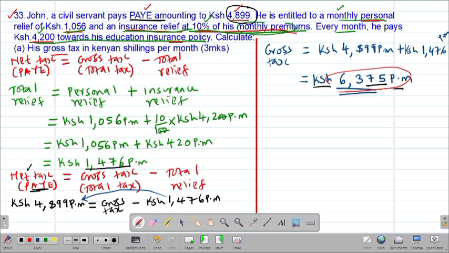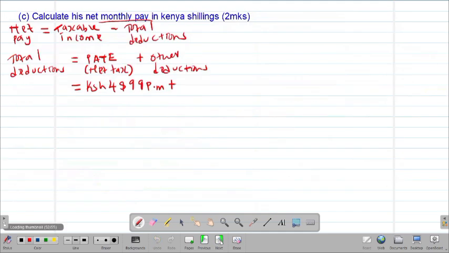Always remember that a premium is a deduction because he's paying this amount of money from his pocket or from his salary. Therefore, a premium is always a deduction. Therefore, the other deduction is 4,200 shillings, which was being paid per month.